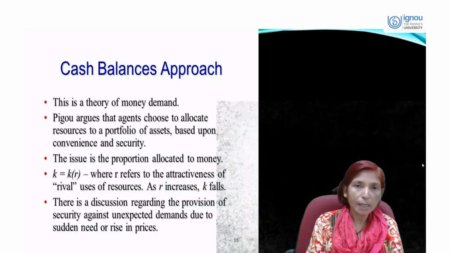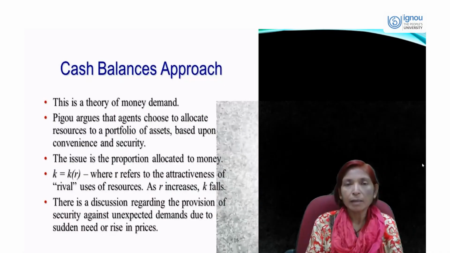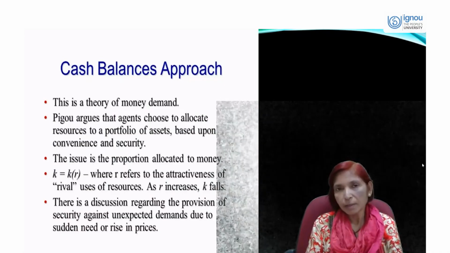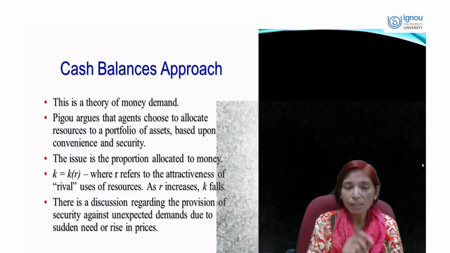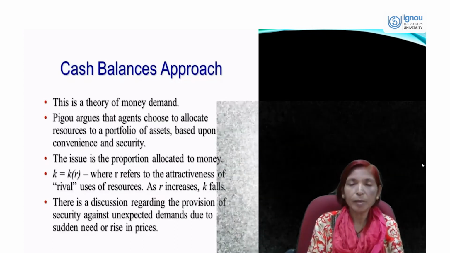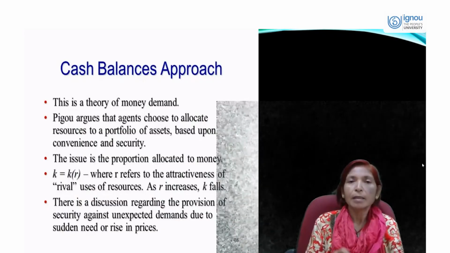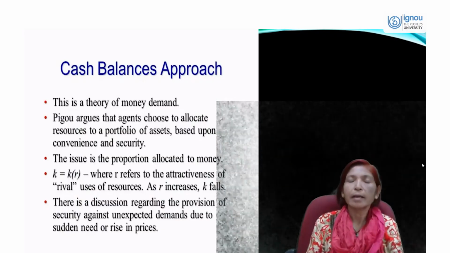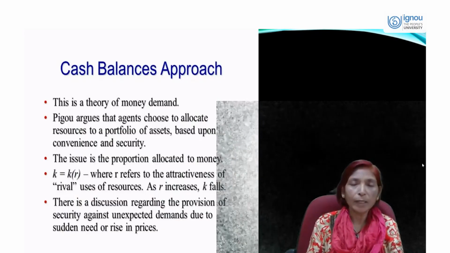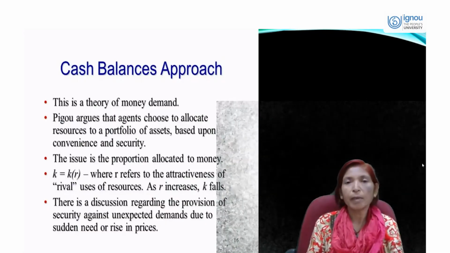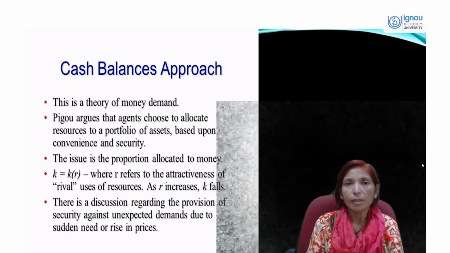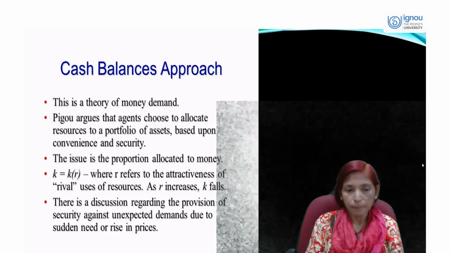Because according to Keynes, money is demanded by the people of every country for specifically three purposes: first is the transaction purpose, second is the precautionary purpose, and third is the speculative purpose, in which we can increase multiple money with the help of existing money.